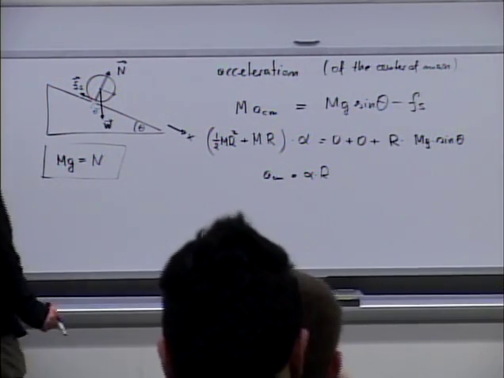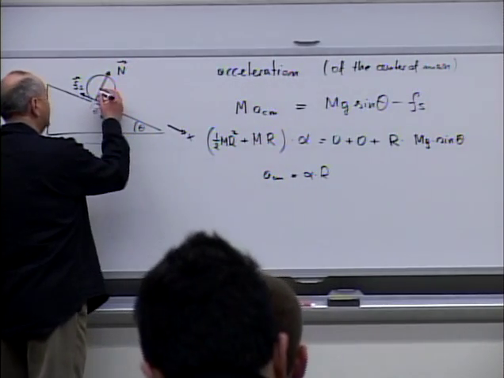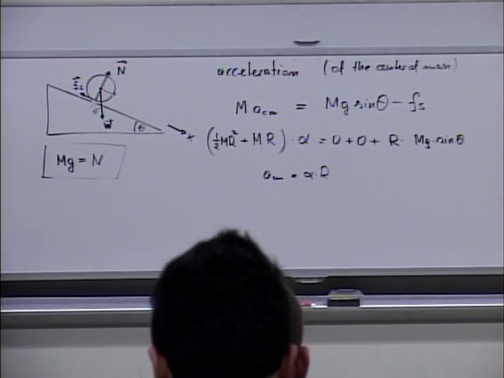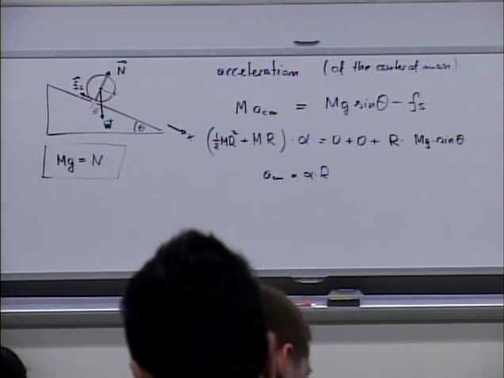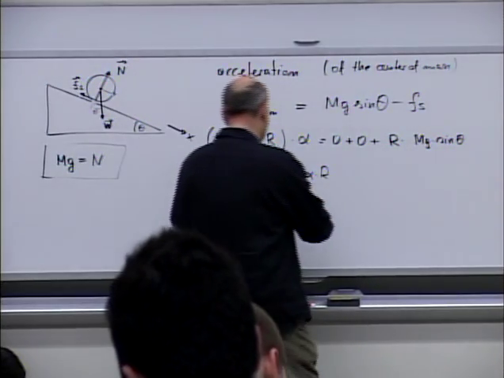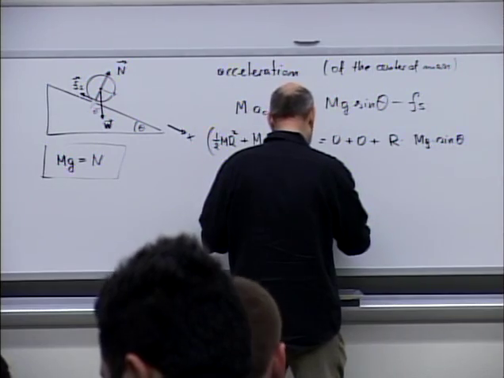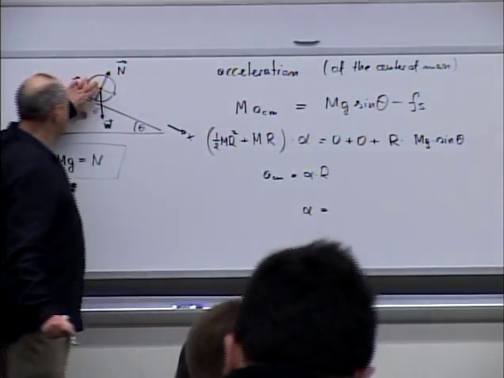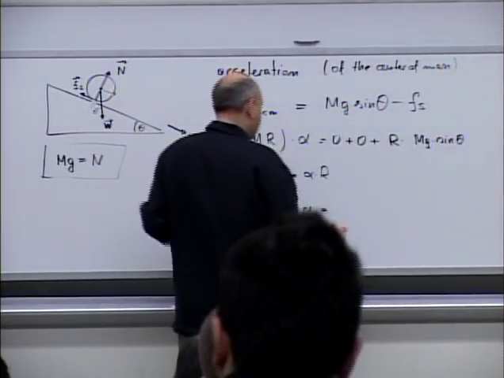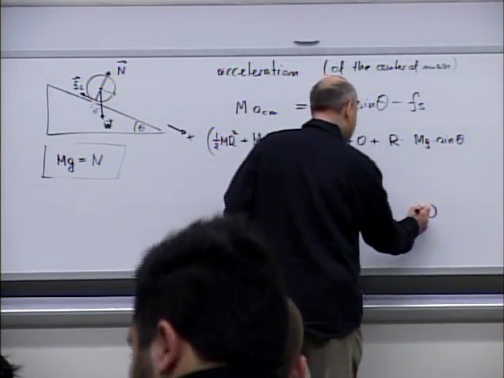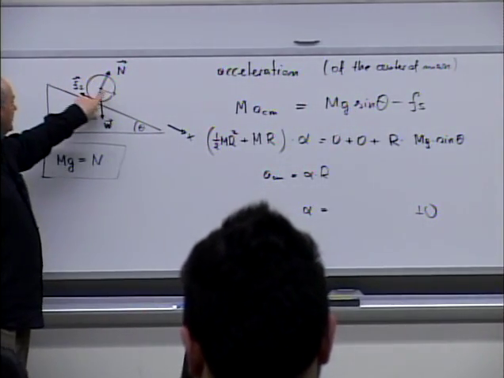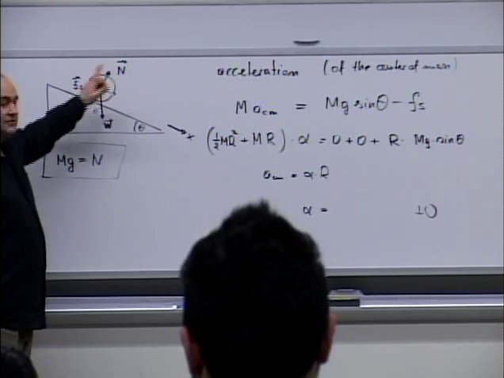Now, how about if I take another convenient point like this one and also relate torques with angular acceleration? How would I relate these two? So again, I will write that angular acceleration is equal. Now, the gravitational torque about this point is going to be 0. Now, the normal torque, 0, right?